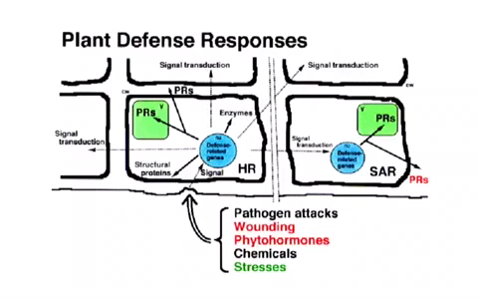So again, we can see the stimulus is going to be a pathogen that attacks or breaks through the outer coating of a cell, of a leaf, for example, or a plant. It could be that part of a plant is damaged or wounded, and this releases various hormones or other stresses of the plant.